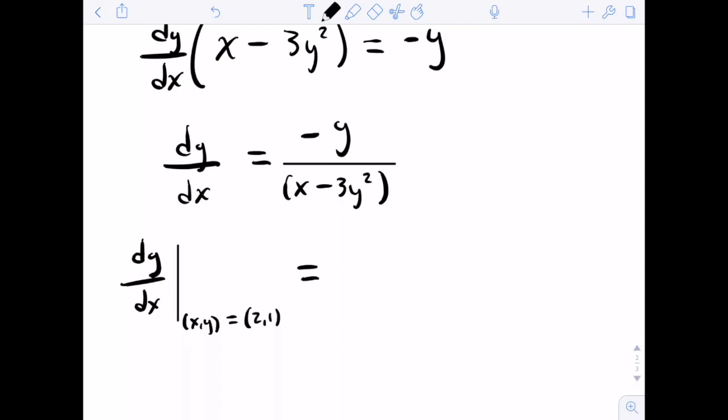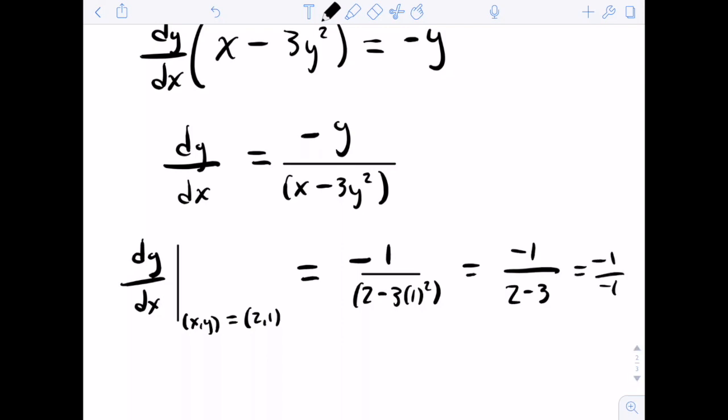So wherever you see a y, put a 1, and wherever you see an x, put a 2. So this is minus 1 divided by 2 minus 3 times 1 squared. Okay, so this is minus 1 over 2 minus 3, which is minus 1 over minus 1, which is 1.